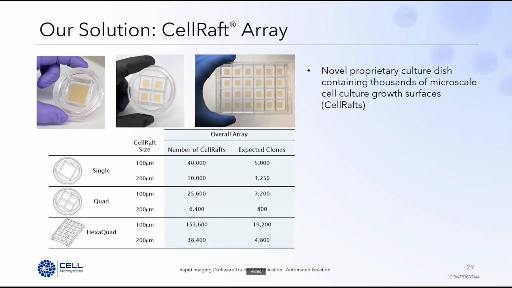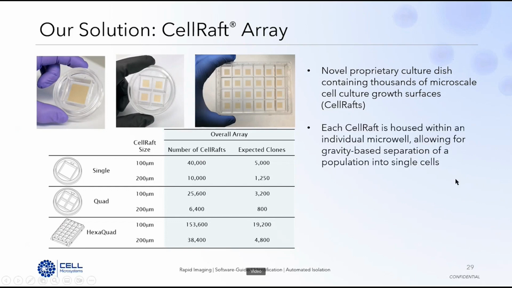So to give you a bit more information about each of these key pieces of the workflow, I'd like to tell you a little bit more about the CellRaft array itself. As I mentioned previously, it's a novel proprietary culture dish that contains thousands of microscale cell culture growth surfaces called CellRafts. Each CellRaft is housed within an individual microwell, which allows for gravity-based separation of your bulk population into single cells by a Poisson-like statistical distribution.